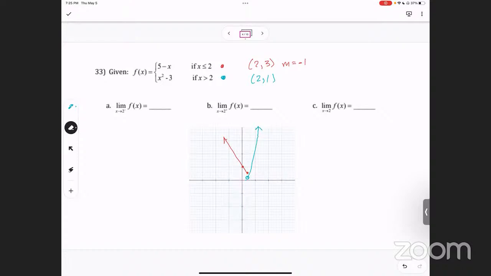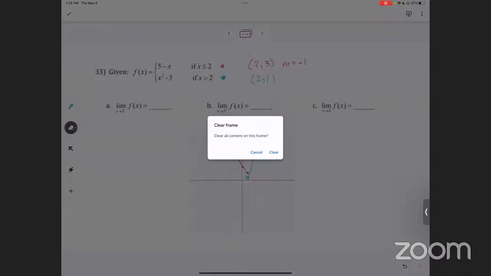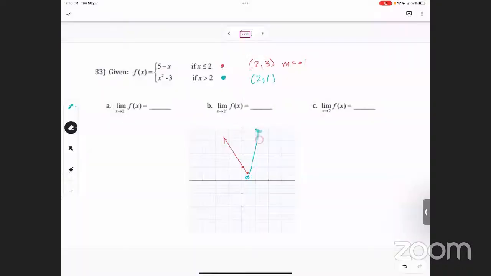Or what you also could have done is plot maybe 2 or 3 more points to the right of it. 3 comma, 3 squared is 9. 9 minus 3 is 6. So 3 comma 6 would be here. And then 4 comma, what would 4 squared be? 16, 13.